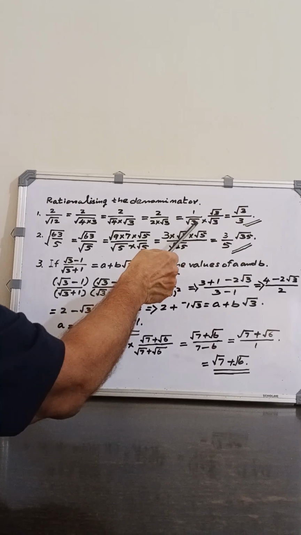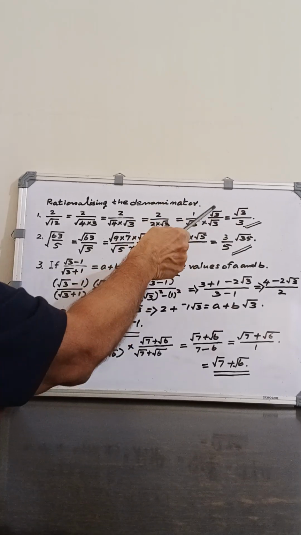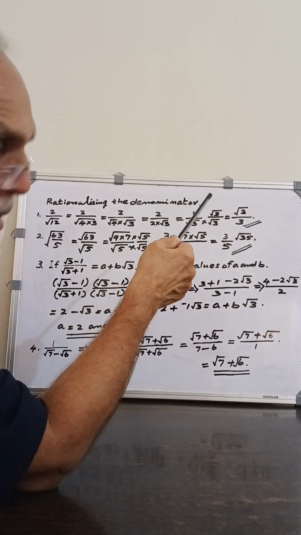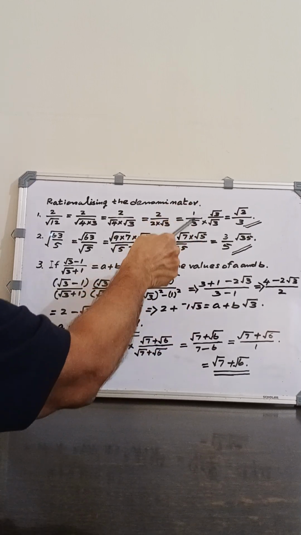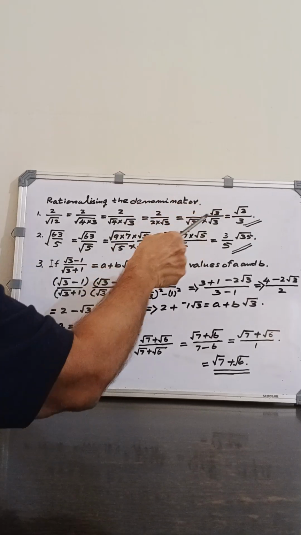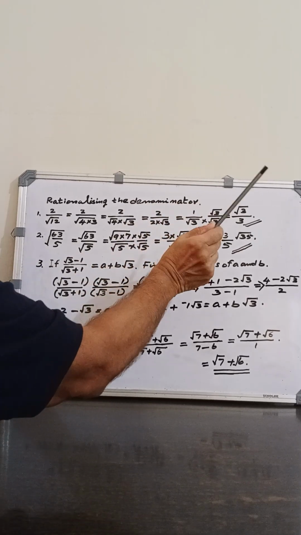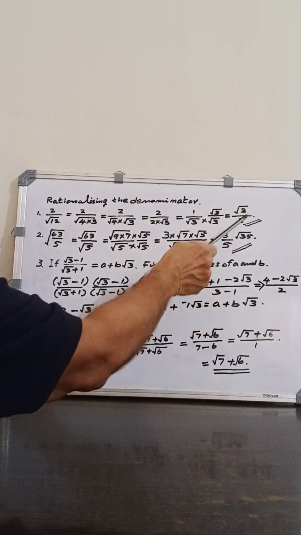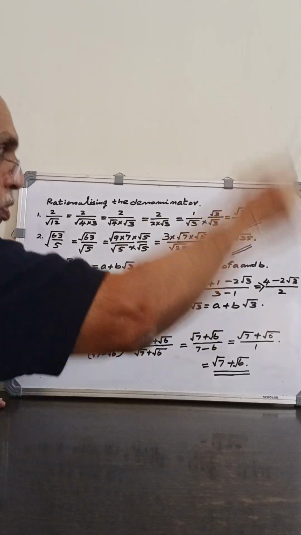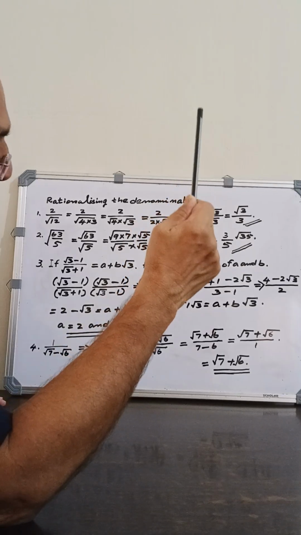We multiply the numerator and denominator by root 3, otherwise the value will change. Therefore, 1 by root 3 into root 3 by root 3 is root 3 by root 3 into root 3, that is root 3 by 3. The denominator becomes rational and the irrational factor is transposed towards the numerator.